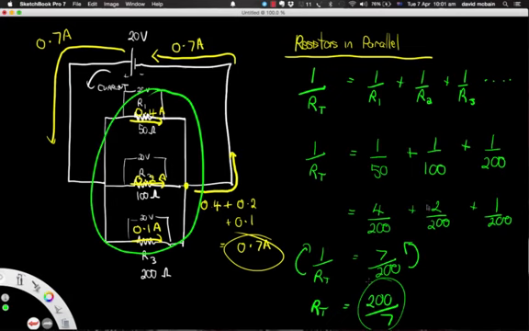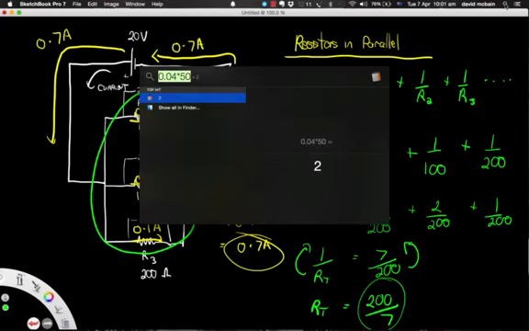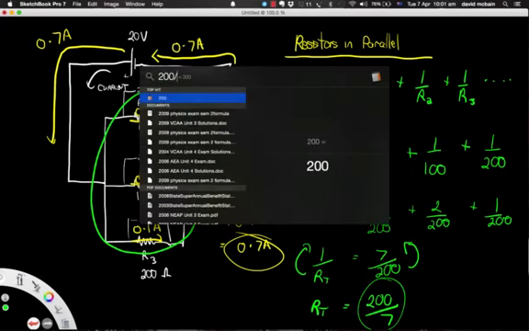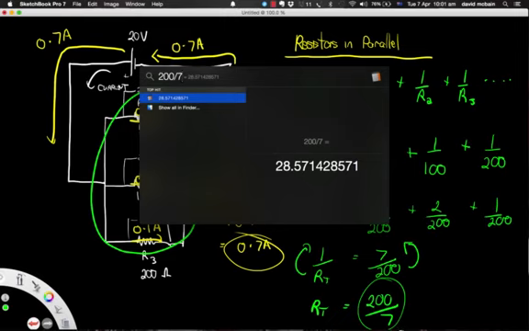And if we work that out, that's actually equal to 28.57, and that's an approximation, 28.57.